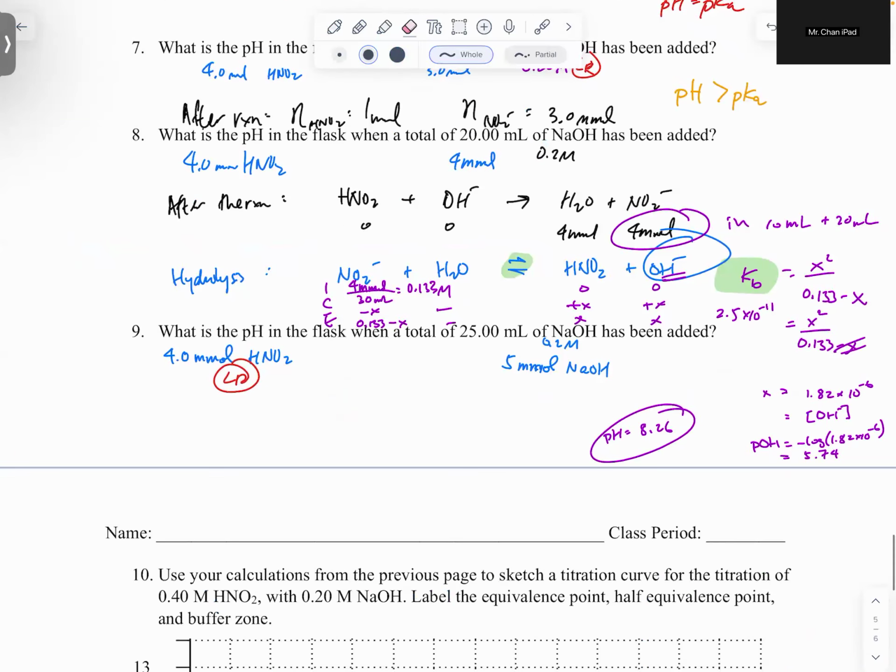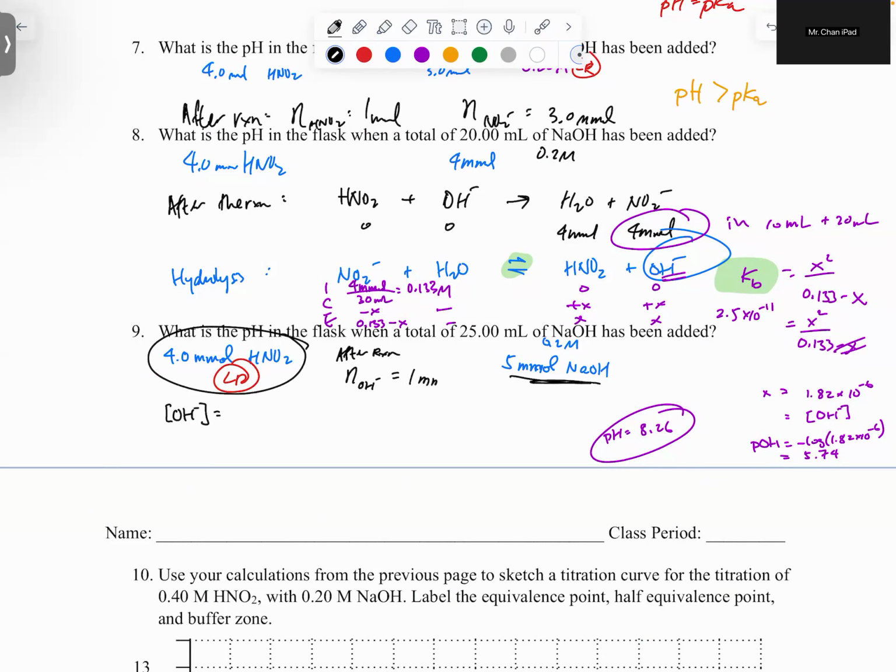So all we need to do is compute the concentration of OH minus after the reaction. What is the mole of OH minus after the reaction? This is the limiting reactant, so it's going to be just 1 millimole of NaOH, or OH minus, left.